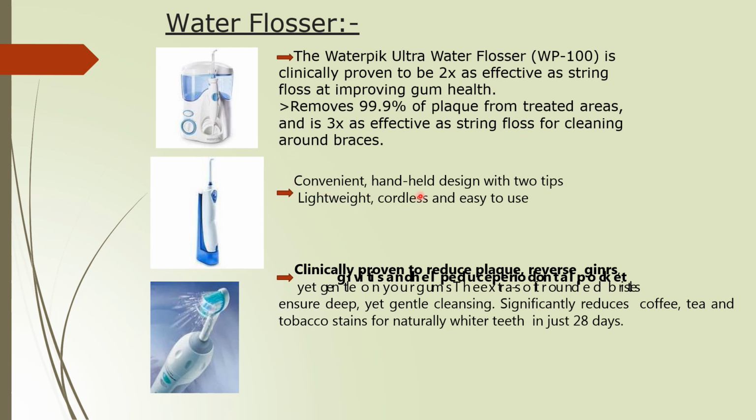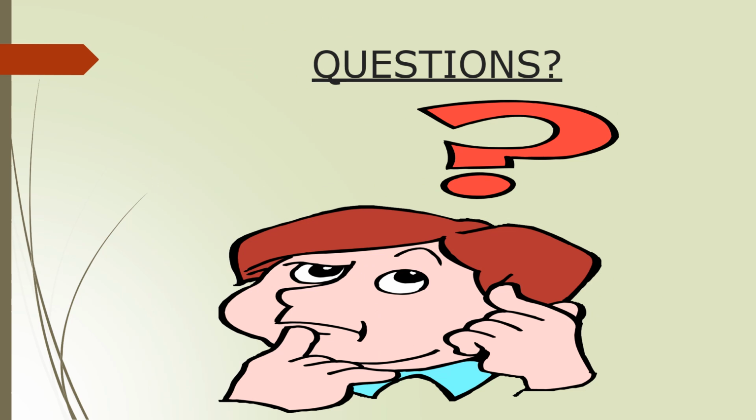Convenient handheld design with 2 clips, lightweight, cordless, and easy to use. Clinically proven to reduce plaque and reverse gingivitis. Significantly reduces coffee, tea, and tobacco stains for naturally white teeth in just 28 days.